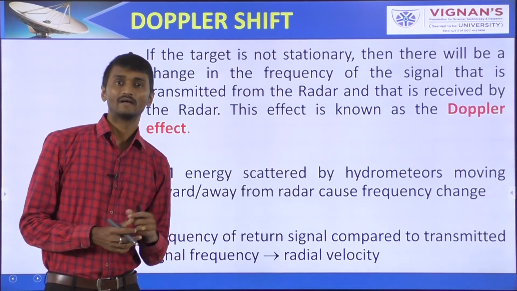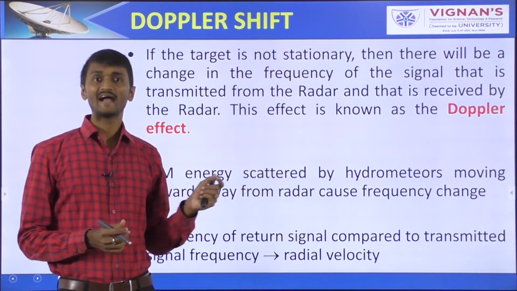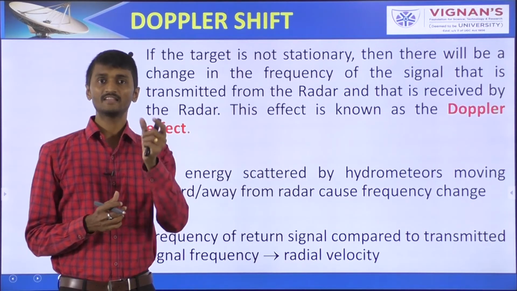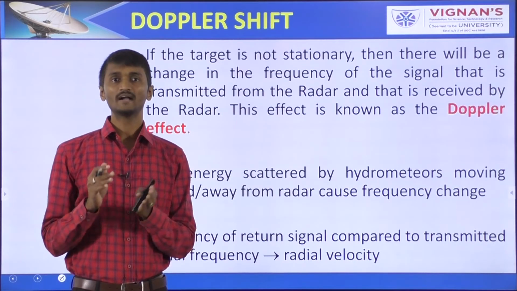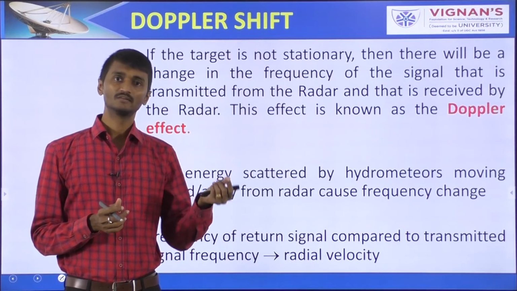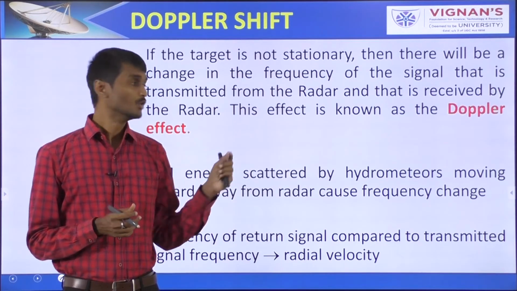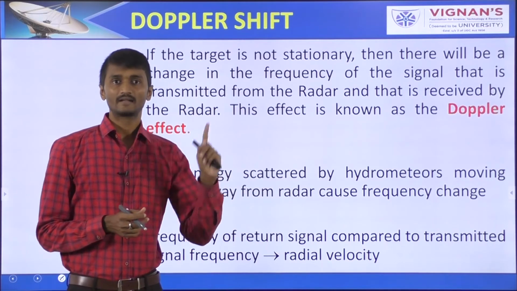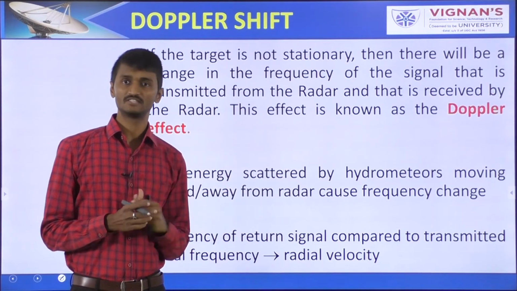Electromagnetic energy scattered by hydrometeors, that means any weather condition produced by water or water vapor in the atmosphere, such as rain, snow or clouds, moving towards or away from the radar causes the frequency change.